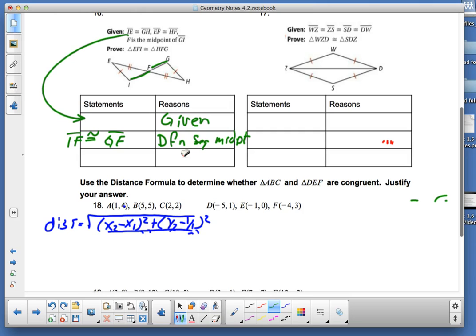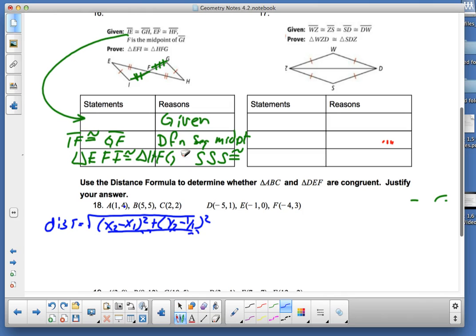This is a segment. Now, keep in mind what I've got: three sides congruent to three corresponding sides in the other triangle. So now I can say the two triangles are congruent because of side-side-side congruence.